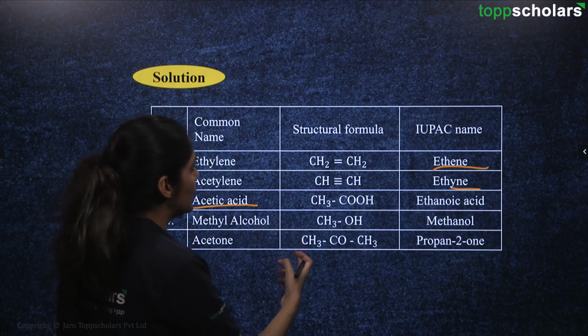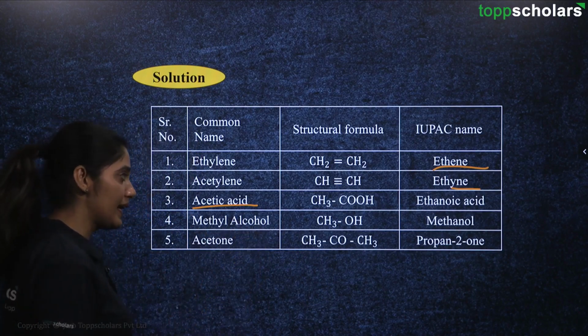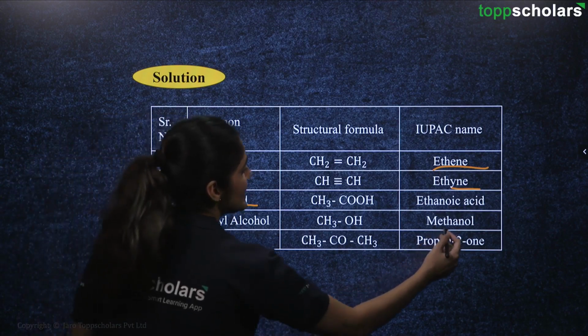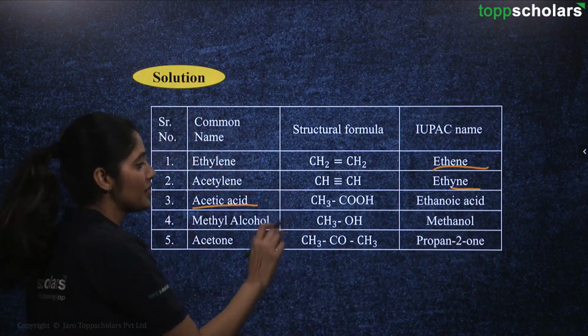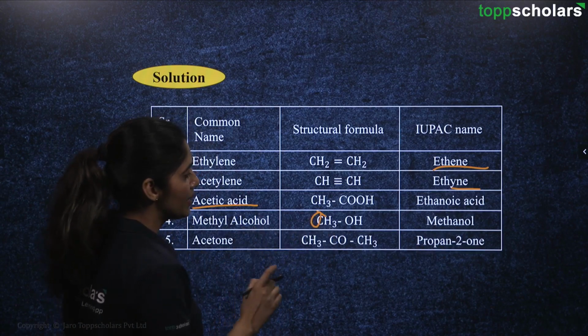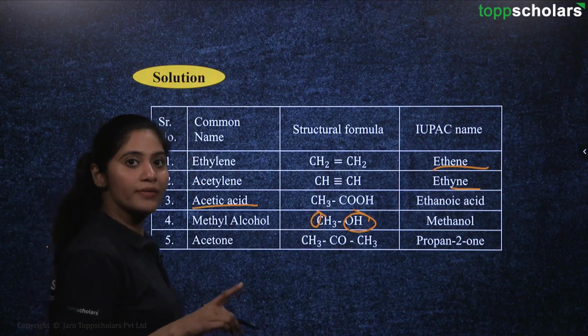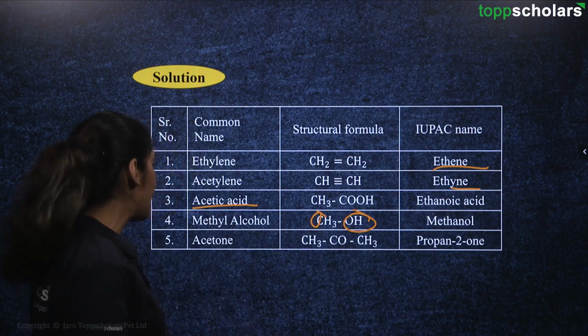Now the next one, here it is called methyl alcohol as a common name. Okay, IUPAC name is methanol, and for the structural formula, meth means what? It's a 1 carbon compound, and the functional group of alcohol, that is OH, will be added.